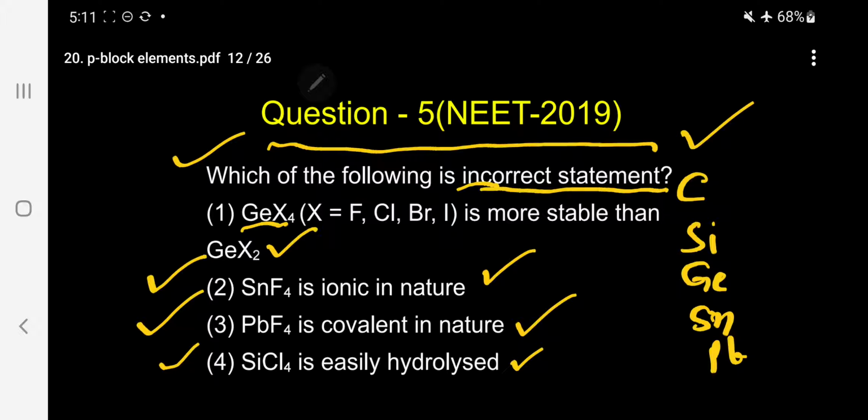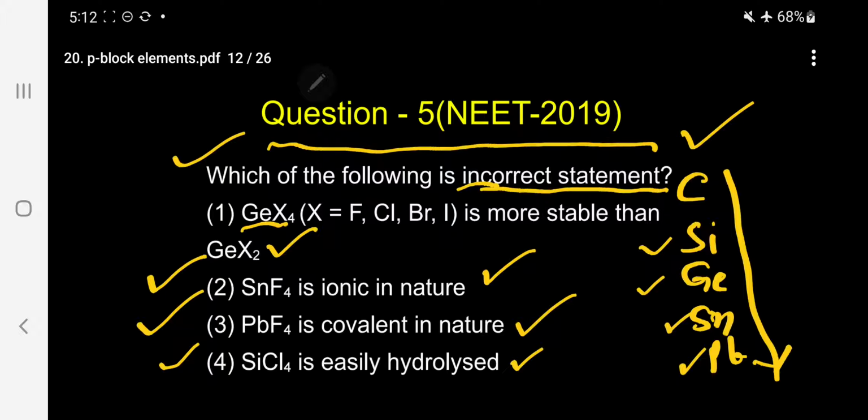That's why I have already informed you, you have to memorize all the groups. The S block element and P block element groups you have to study. Among the periods, the 4th period and first transition series should be memorized. So I have written carbon, silicon, germanium, tin, lead. Kindly follow.